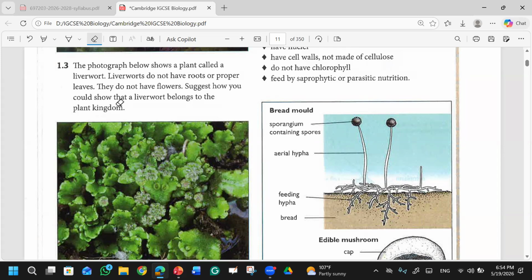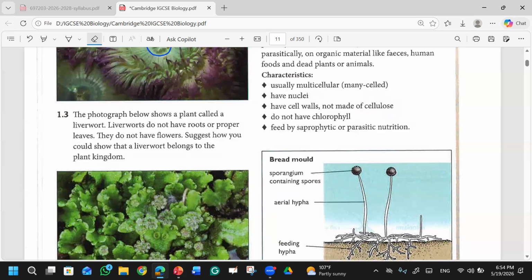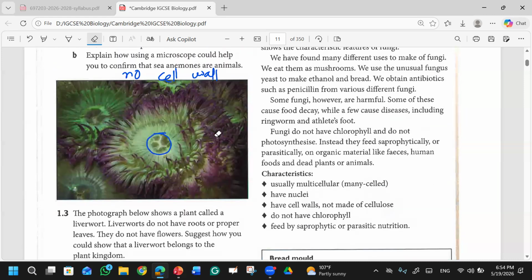In the animal cell it is in the center, but in the plant cell it is not in the center; it is on the periphery, on the side. But generally, we can say they both have a nucleus and they both are multicellular and complex. These are the similarities between the organisms in the kingdom Plantae and the organisms in the kingdom Animalia.